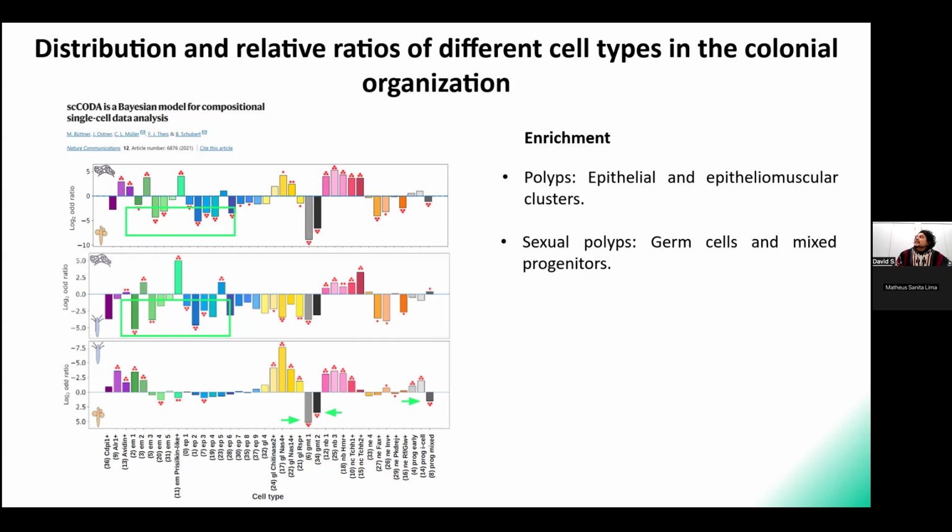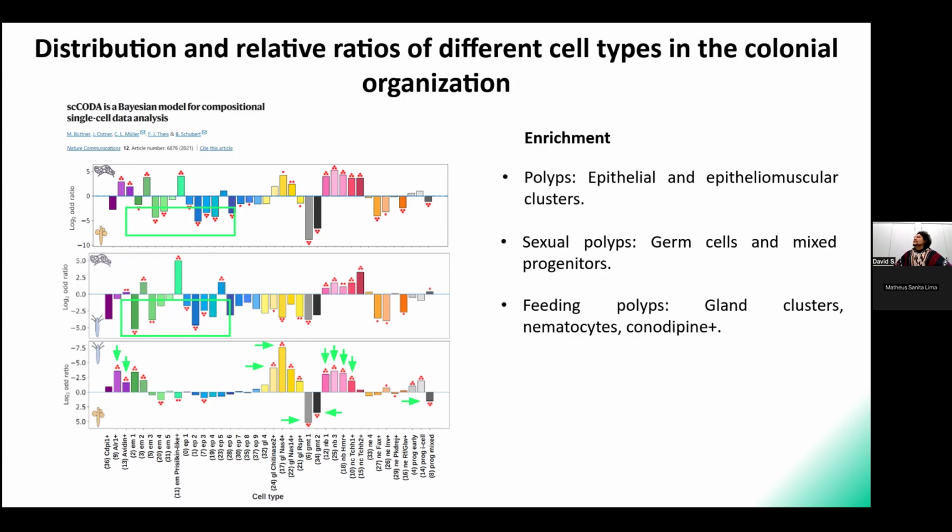We see that the sexual polyps are, this is a bit obvious, but we needed to know statistically, enriched with germ cells and mixed progenitors. All these cell types are responsible for gametogenesis.